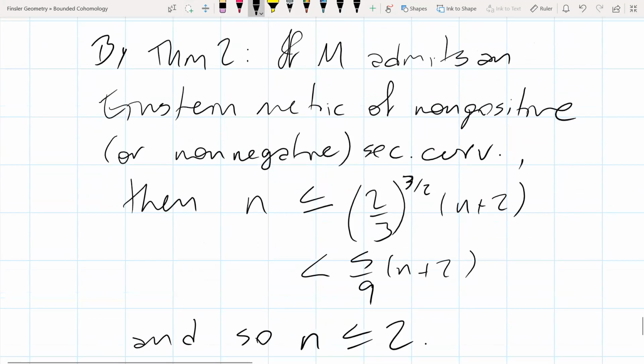So that you know for the case n equals 3, your connected sum of CP2s can be endowed with an Einstein metric, but the sectional curvature of that metric is going to change sign.